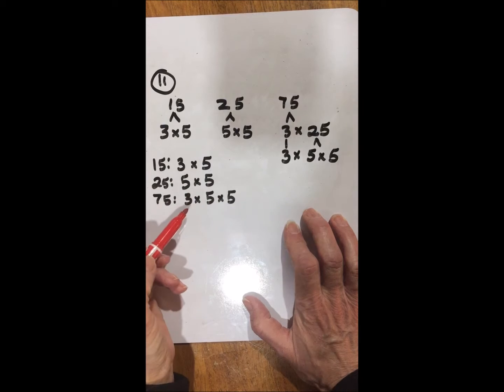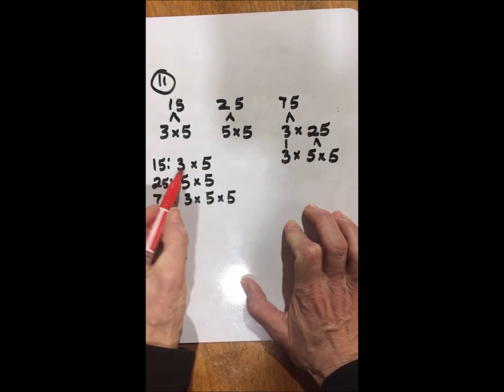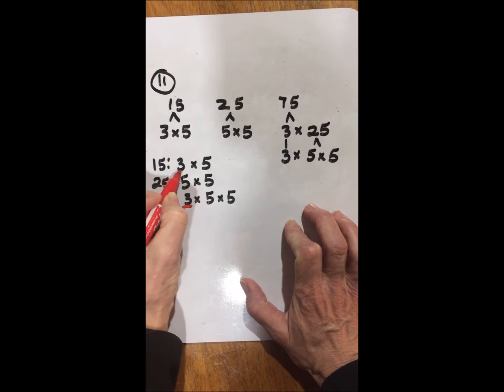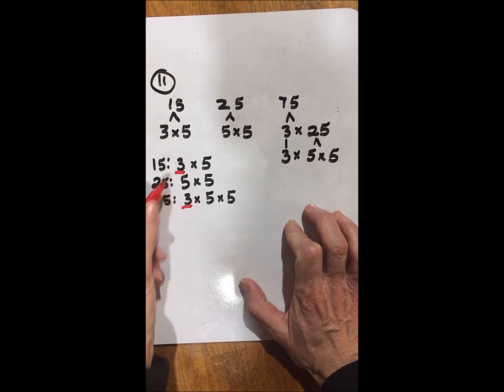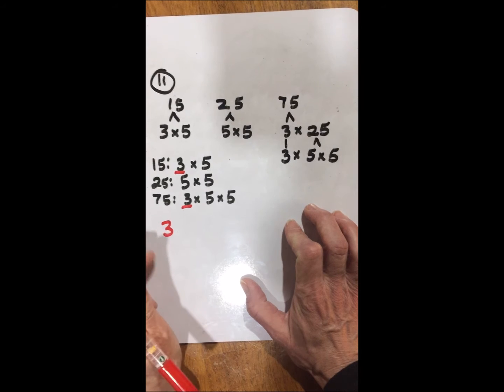So I'm going down my line and I'm looking for what repeats. So I have a 3 here, and there's a 3 here. I can only use it one time because it shows up in both numbers. That's in common. So I'm going to start out with a 3 for my LCM.